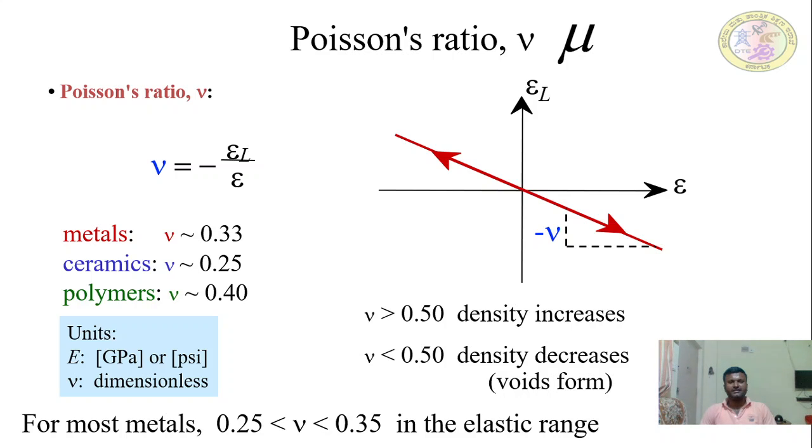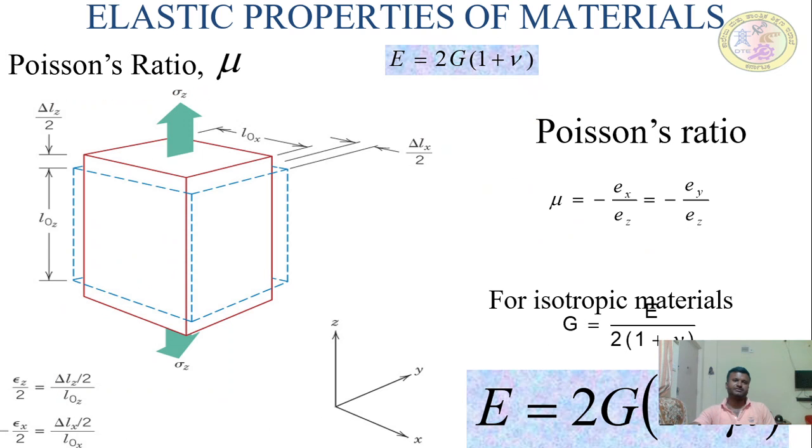As the material's Poisson's ratio increases, the material density increases and it is densely packed. If the Poisson's ratio decreases, the density decreases as it has some voids.